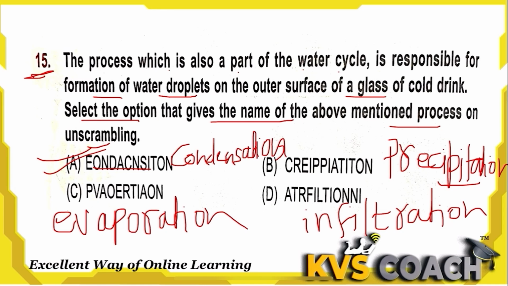Precipitation means the water changes into snow or hail. Evaporation is when water changes into the gaseous state from liquid to gas or steam. Infiltration is when we filter the water. So option C, condensation, is the right answer for this question.